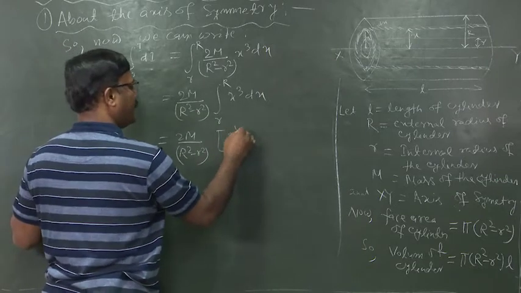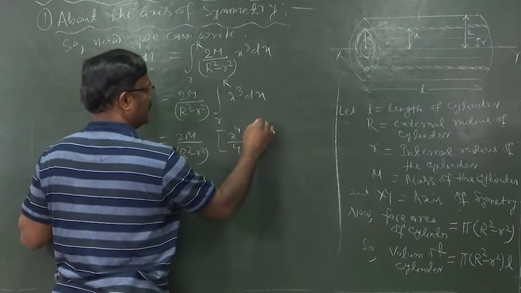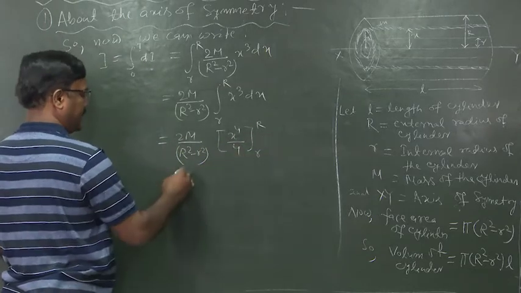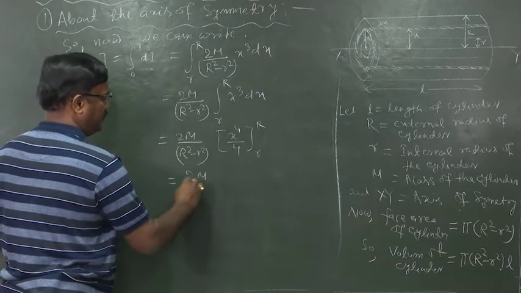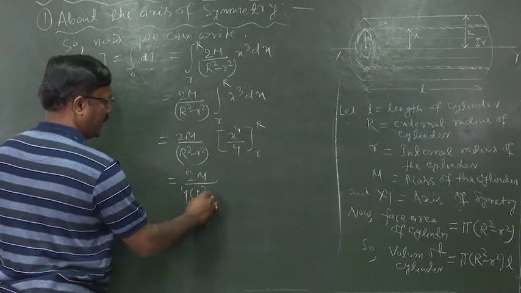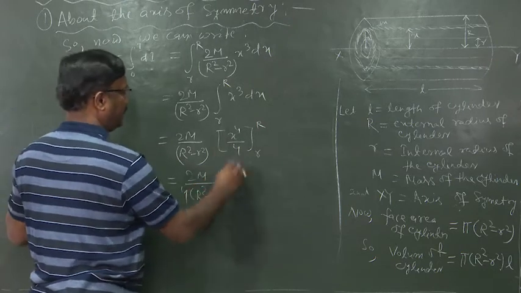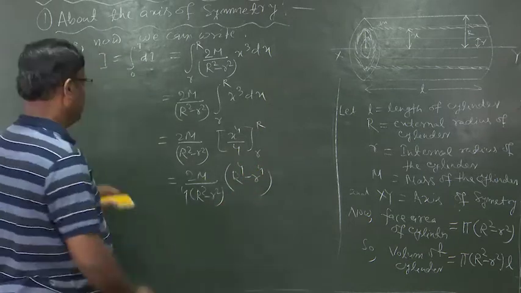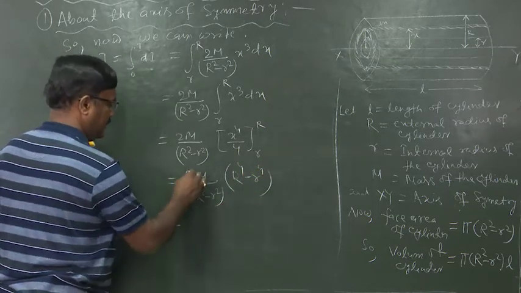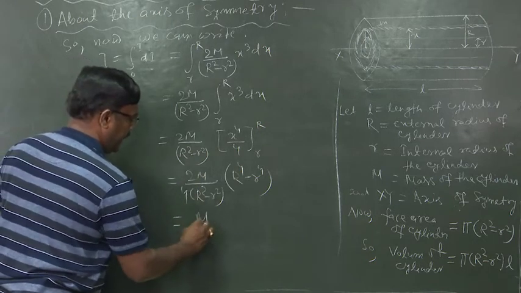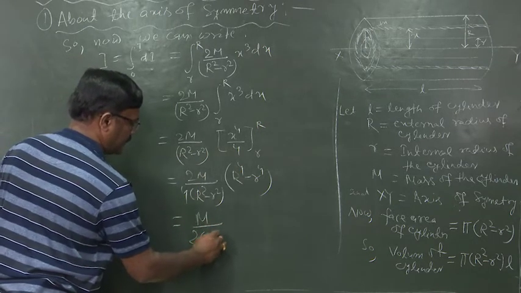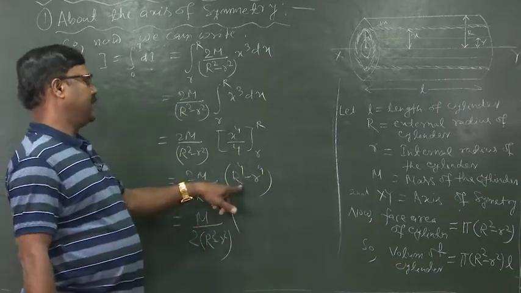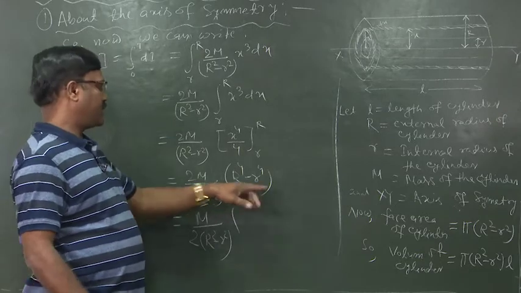It will be x to the power 4 by 4 from the limit small r to capital R. So it will be 2M by 4 into (R square minus r square) into (R to the power 4 minus small r to the power 4), and this can be written as, 2 and 4 get cancelled, M by 2 into (R square minus r square) into (R square plus r square)(R square minus r square).